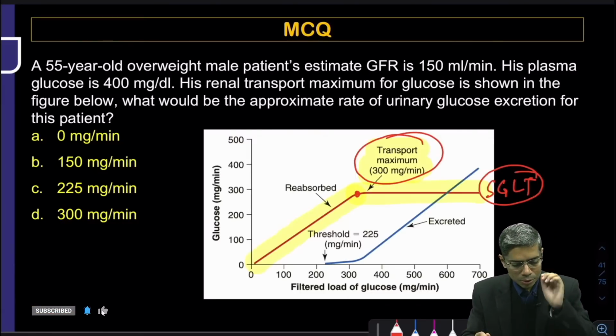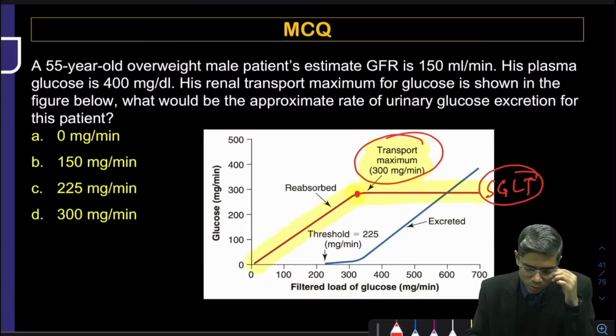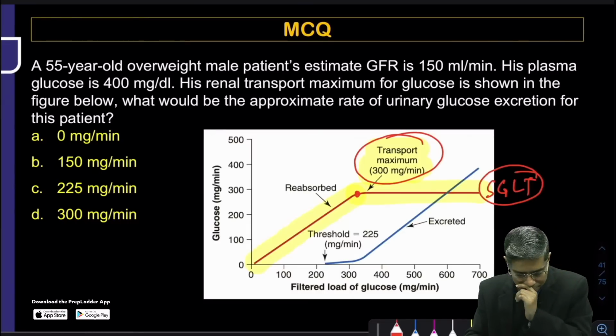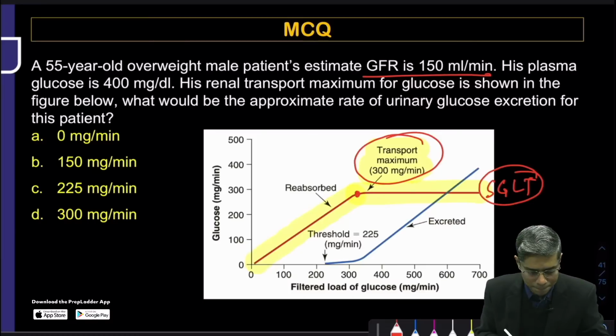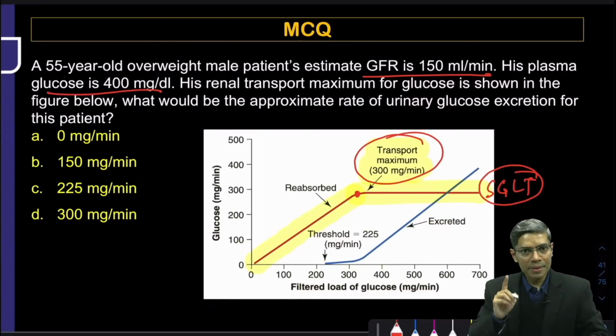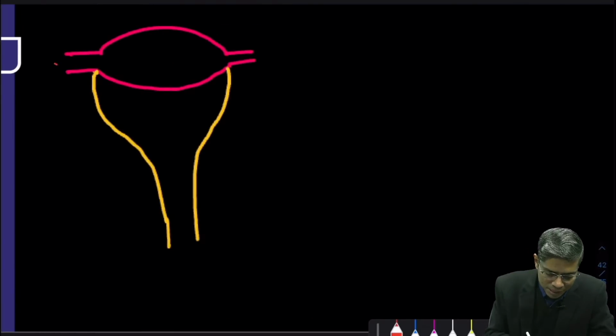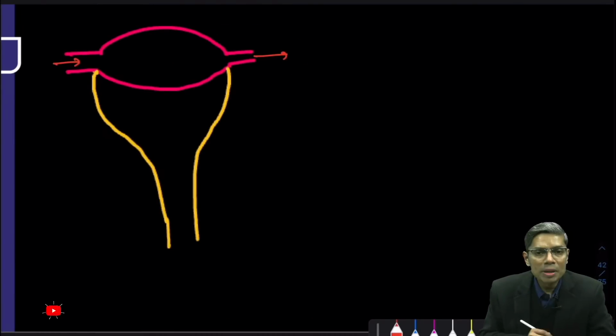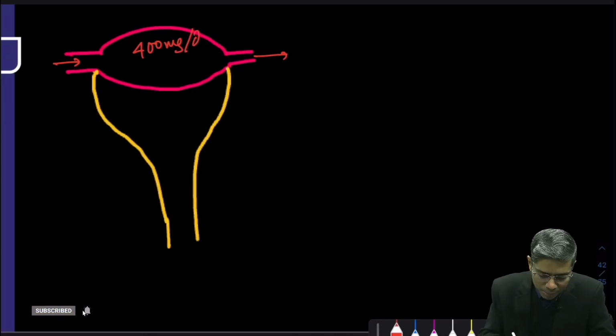Okay, so now look at this question. 55-year-old overweight patient, estimated GFR is 150 and glucose is 400 milligram per dl. Very good. Okay, so if this is the afferent arteriole, this is the glomerular capillary, it is said that the glucose concentration is 400 milligram per dl.